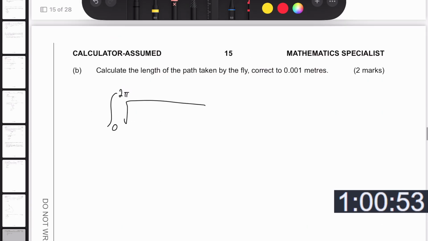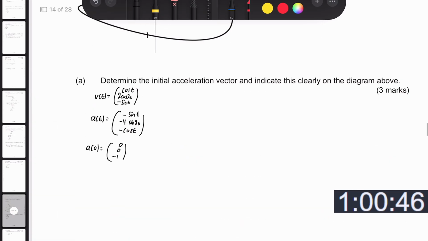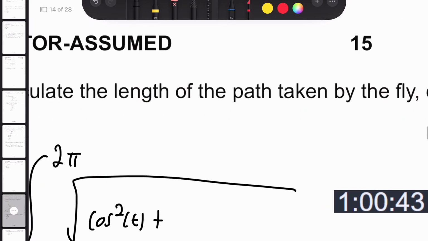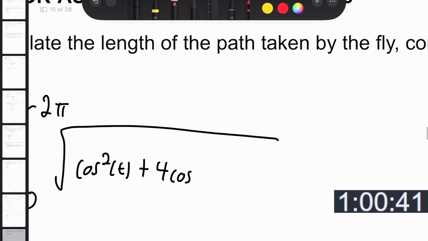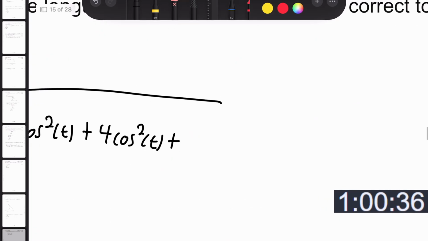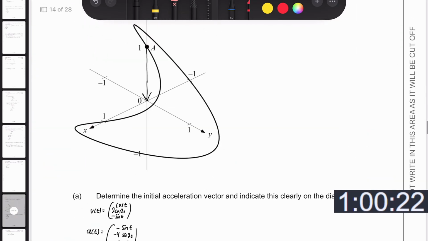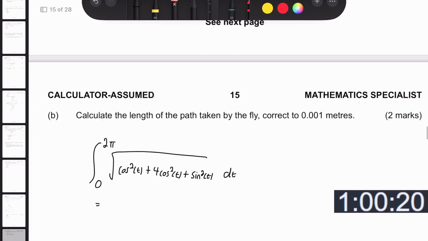So v of t is cosine squared of t plus 4 cosine squared of t plus sine squared of t, and it will all be in t, so the 2 pi square root of 5 cosine, wait, it's 2t.